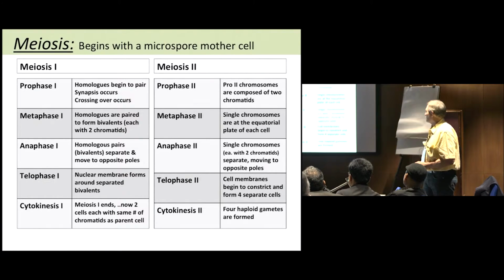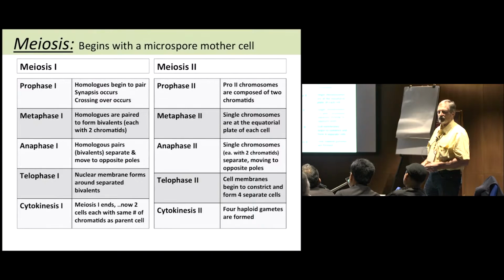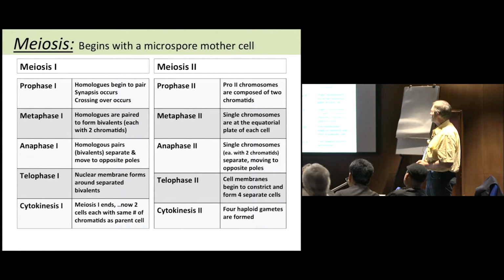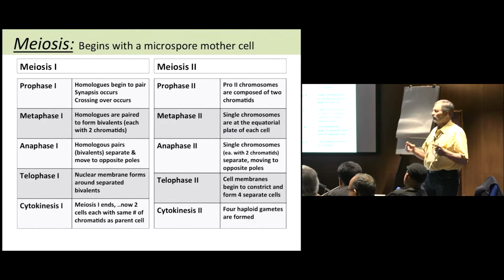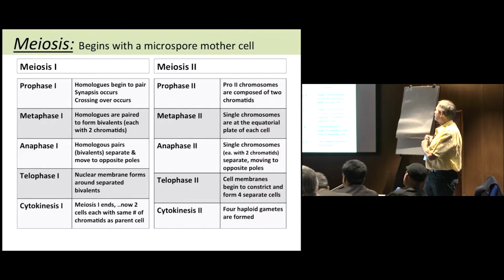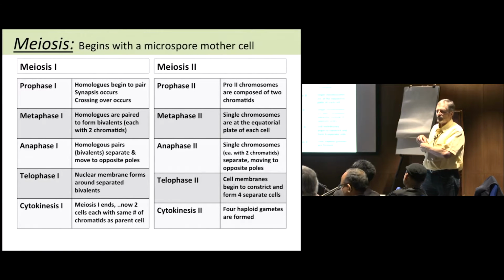So I've taken those steps and I've just put them into this chart here. And the intention is to make sure that we understand in particular some of these phases that have more to do with synapsis and crossing over in particular.